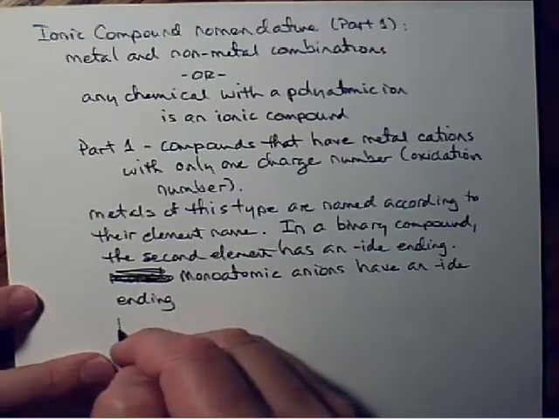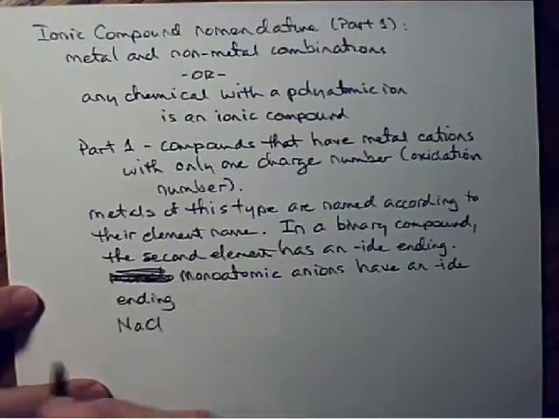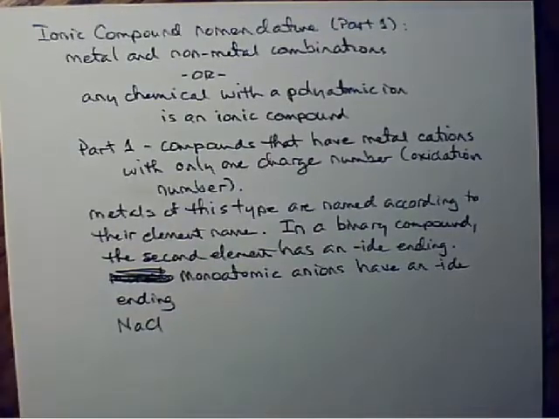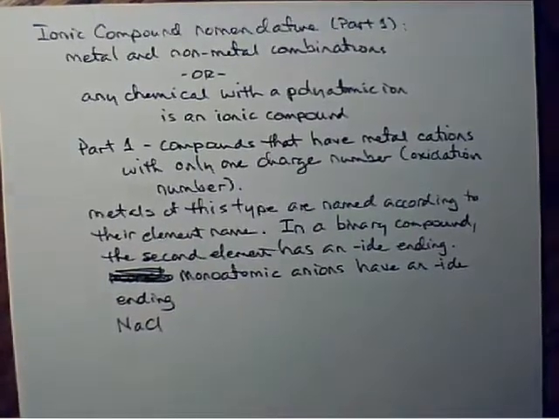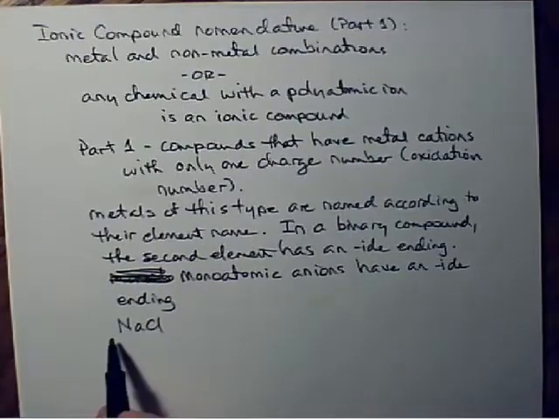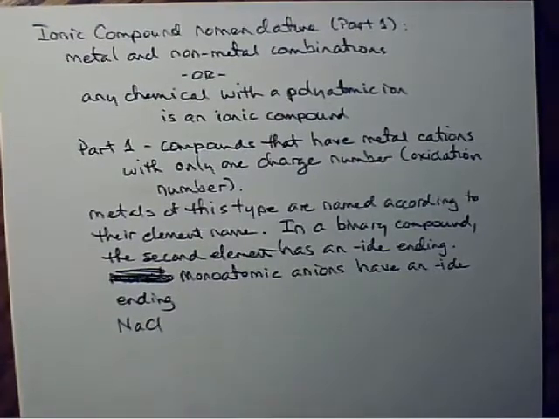So some examples. Sodium is in the first column of the periodic table. That's Na. So you just name it like the element. Chlorine is in column 7A because it's the second element in a binary compound and because it's an anion, a monoatomic anion, we call it chloride.